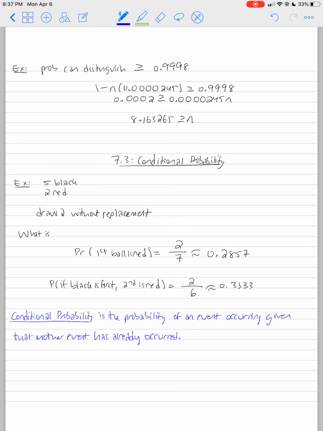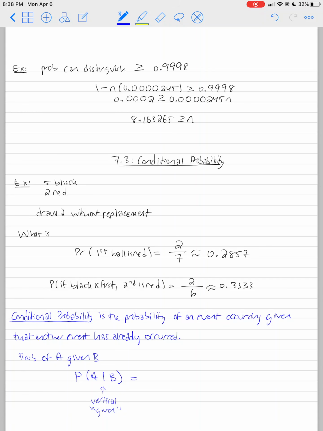So, the probability of A given B. We write this as the probability of A given that B has already happened. This little vertical line is read as "given."